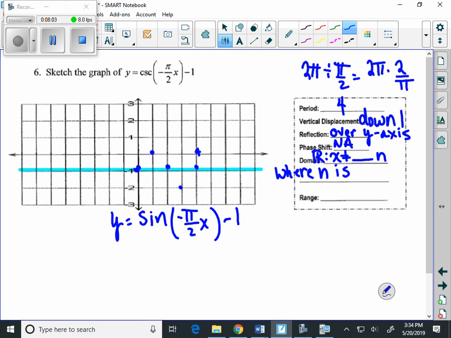And there's our sine graph, but don't forget that we reflected this graph over the y-axis. So this point, which I'm going to put in red here, is really going to land right there. And this point here, in red now, is going to be here.